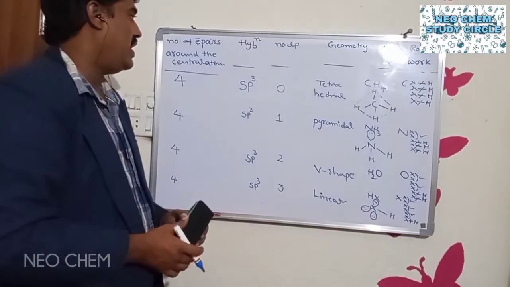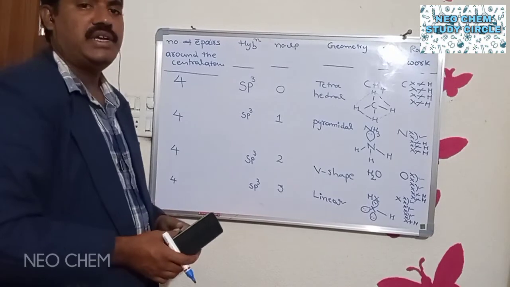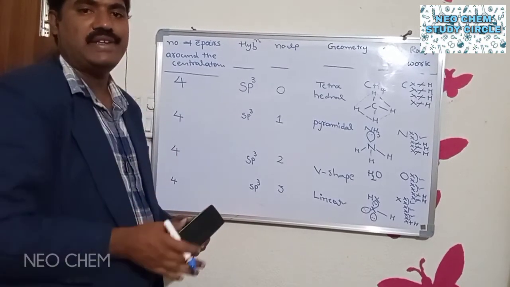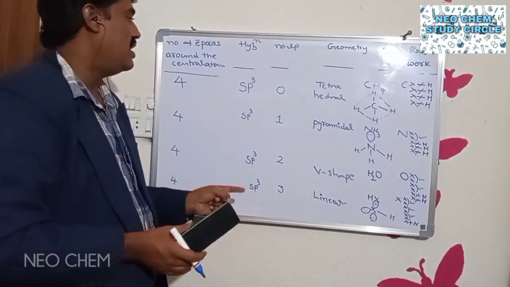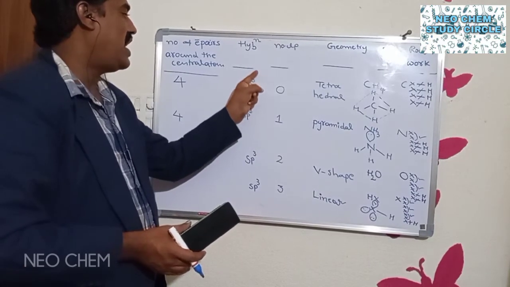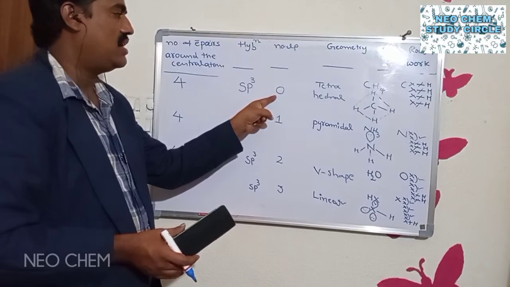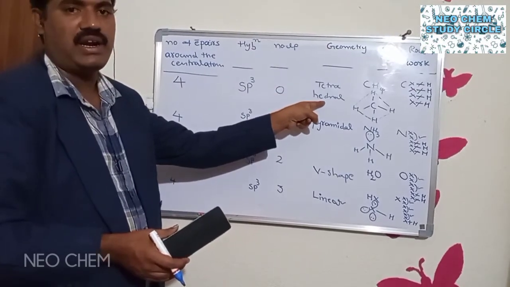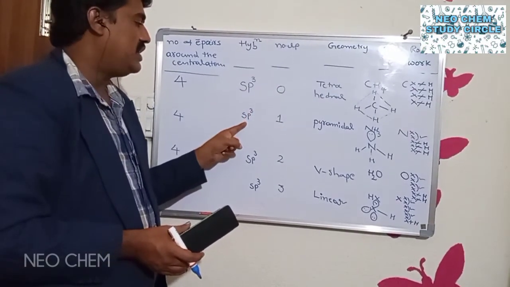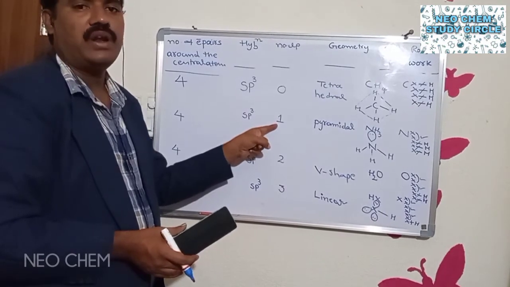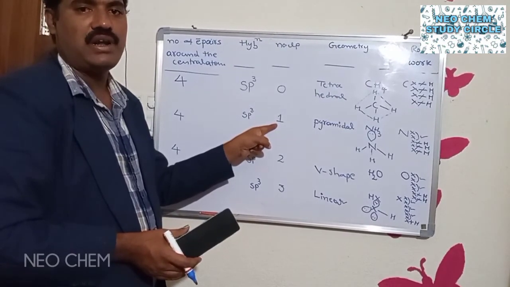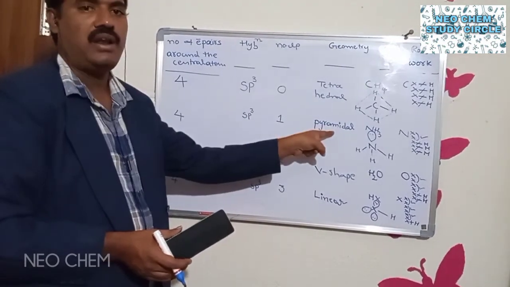So what we can say, with sp3 hybridization, 4 types of geometries are possible. They are: after sp3 hybridization, if there are no lone pairs over the central atom, the geometry is tetrahedral. If one lone pair of electrons is present over the central atom, then the geometry is pyramidal.